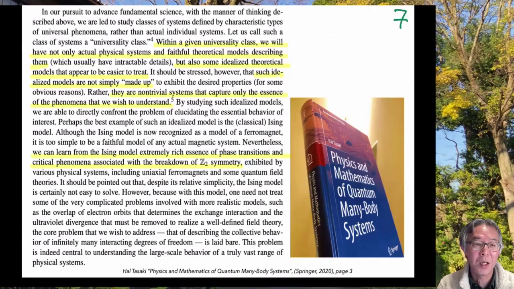They are not easy games. They are not simply toys. They are non-trivial systems that capture only the essence of the phenomena that we wish to understand. So the Ising model is not easy to understand. And if we understand the Ising model, we understand something more than the Ising model. We also understand something very essential, something very universal about phase transition and critical phenomena associated with the breakdown of Z2 symmetry.